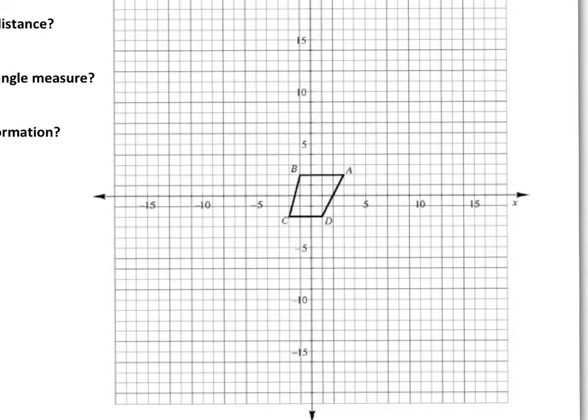Notice that if my origin was here, I'm going over 3, up 2. So that is the length. If I'm going to stretch it 3 times, that's going to be 1 time, that's going to be 2 times, that's going to be 3 times. That's going to be my new A.